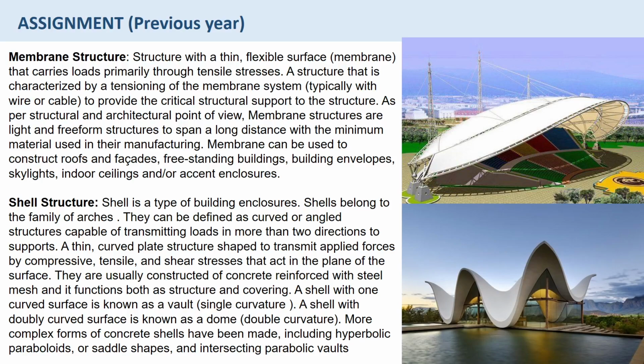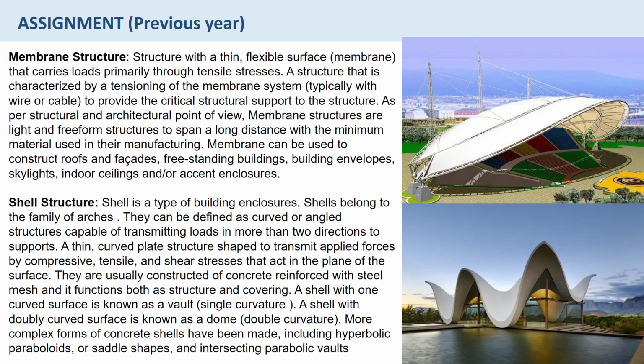From a structural and architectural point of view, membrane structures are light and freeform structures that span a long distance with the minimum material used in manufacturing. Membranes can also be used to construct roofs and facades, freestanding buildings, building envelopes, skylights, indoor ceilings and accent enclosures.